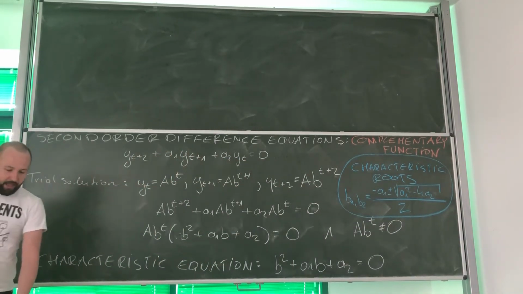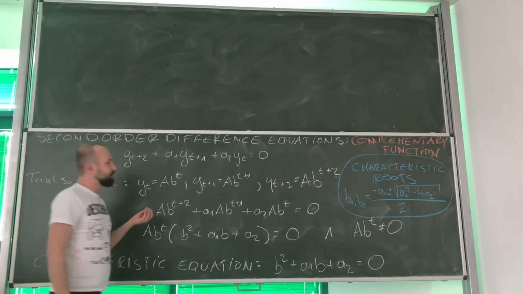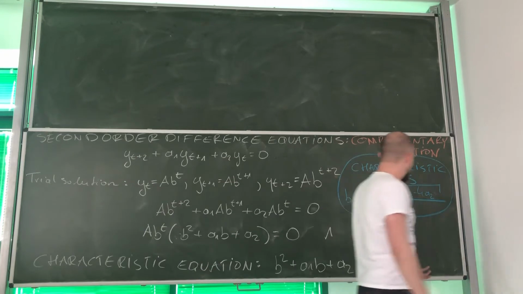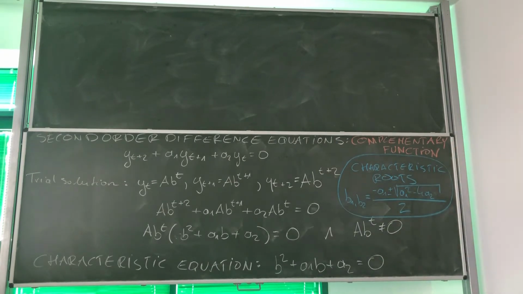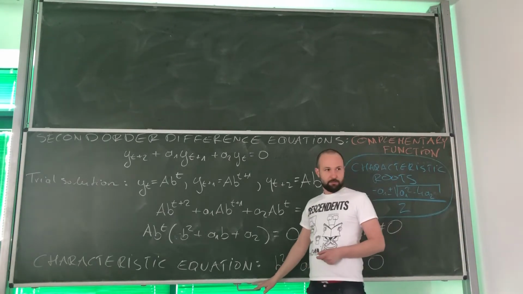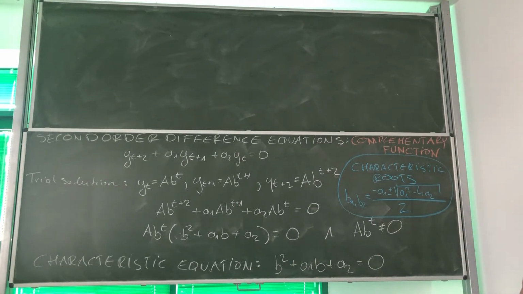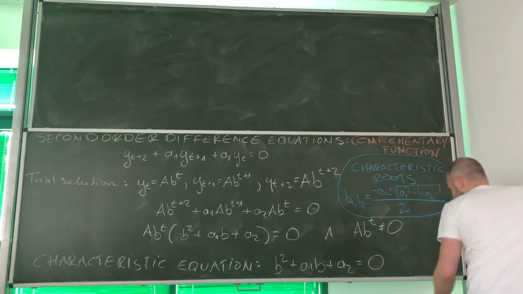As it turns out, everything that we learn about second order differential equations can also be applied in the case of difference equations. Okay, and look, if we have characteristic equation and we are trying to find the characteristic roots of this equation, we will encounter three cases.